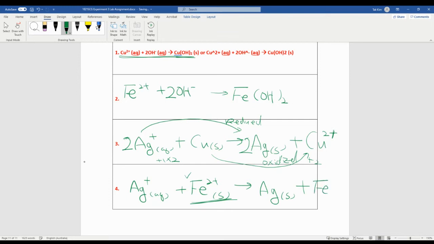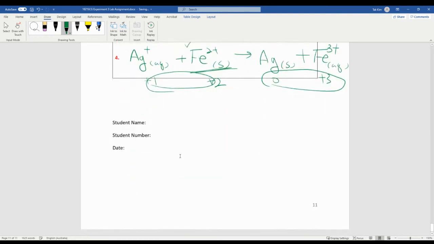Iron can lose an extra electron, forming Fe3+. Now, when you look at the number of atoms and charges, they all should be balanced. So +1, +2, and then no charge, +3. The overall charge on the left-hand side is +3, as well as the +3 charges on the right-hand side. And once it is done, that's it.